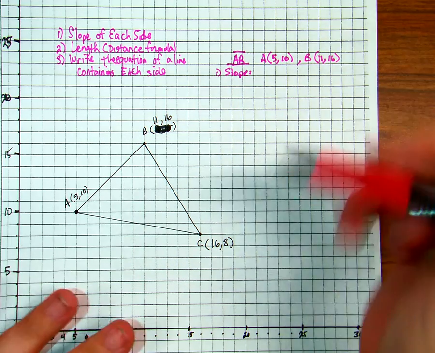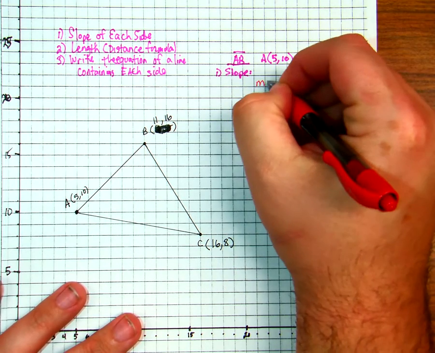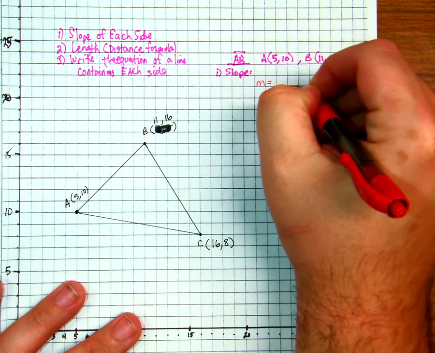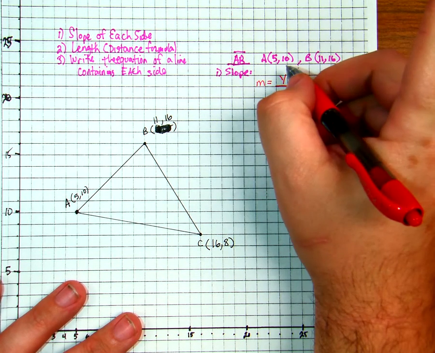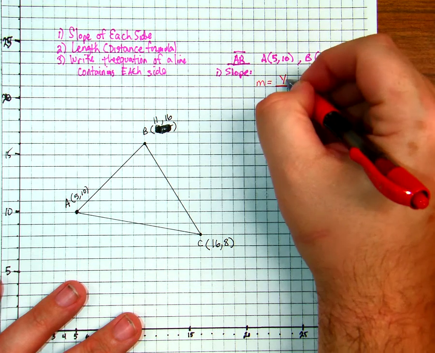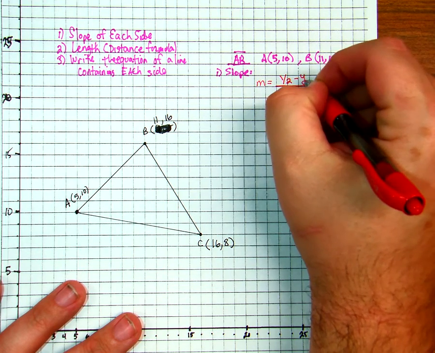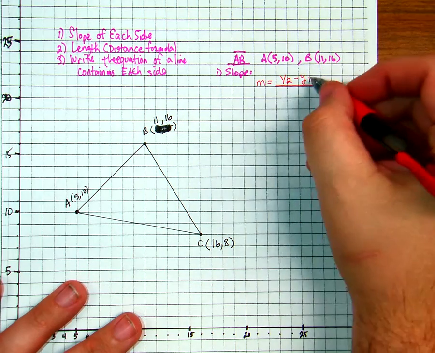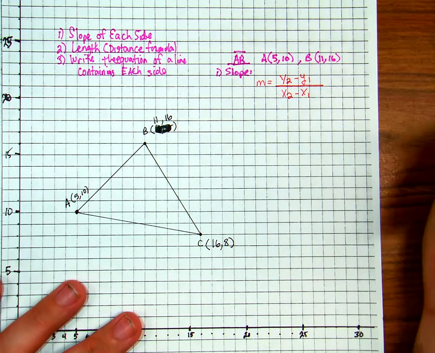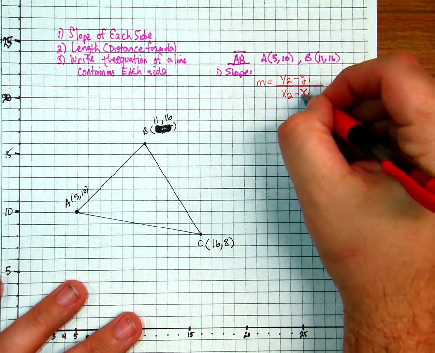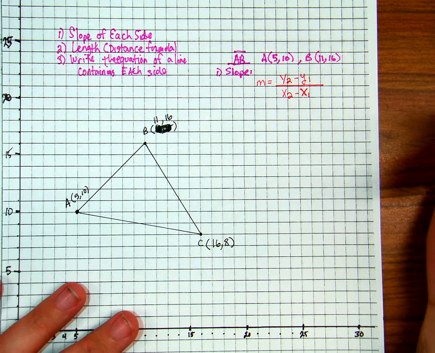What's the equation for slope? That's the point slope equation. y2 minus y1 over x2 minus x1. I'm going to show you a different way than this. I'm going to show you actually 3 different ways to do this.